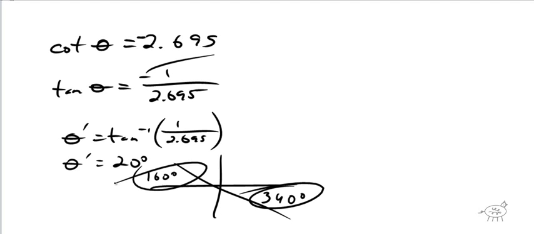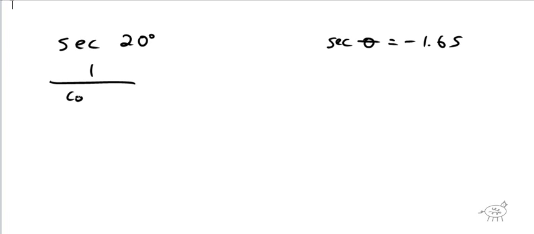All right, so that's my review, math fans. And here's the summary. Okay, it's easy to do by hand, manually, but with a calculator, you have two kinds of problems. So secant of 20 degrees and secant of theta equals negative 1.65. Those are the two kinds of problems that cause issues. And remember, this is 1 over cosine of 20 degrees.